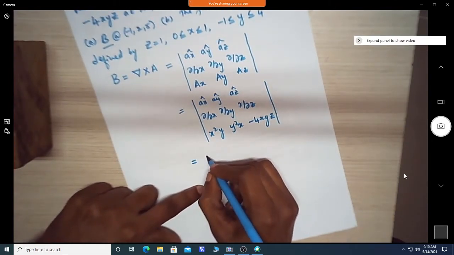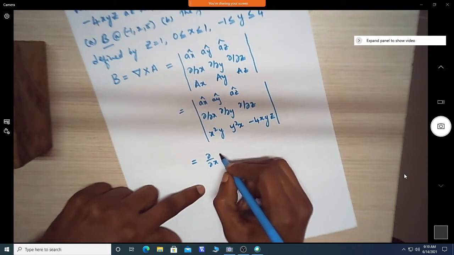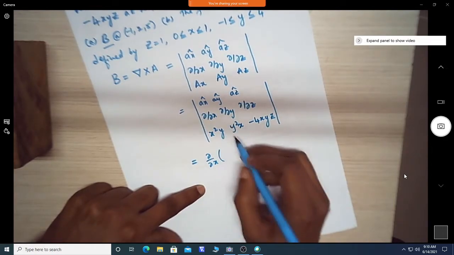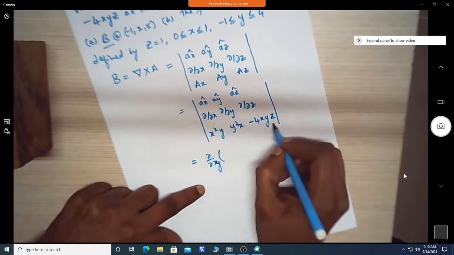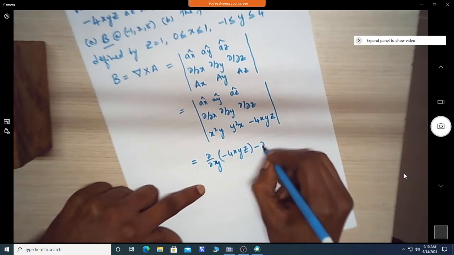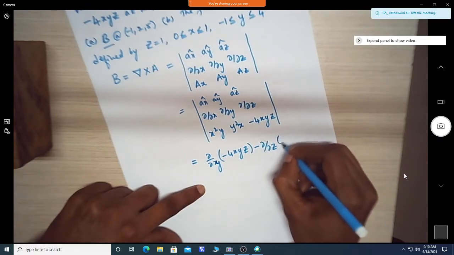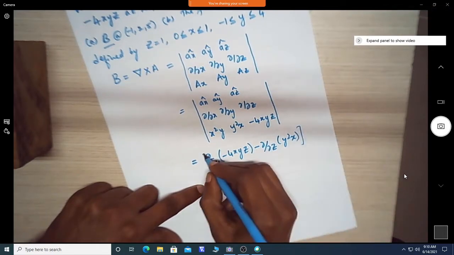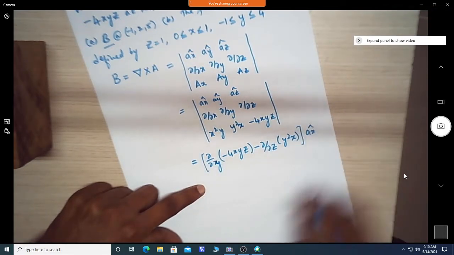Now solve this matrix. So you will get del by del y of minus 4xyz, minus del by del z of y square x, in the direction of ax.